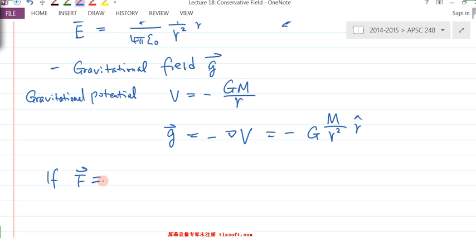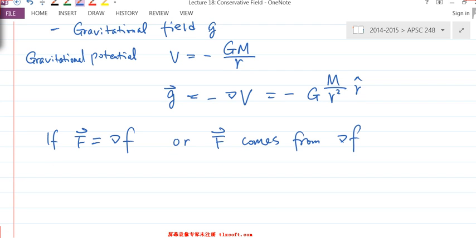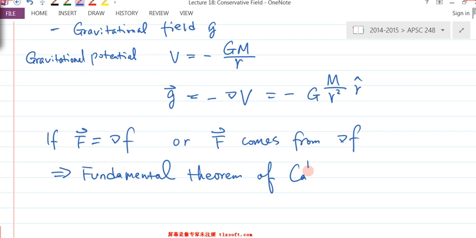If F comes from del f, by applying the gradient operator to the scalar function f, you get a vector field F. Then we have a very important theorem called the fundamental theorem of calculus.